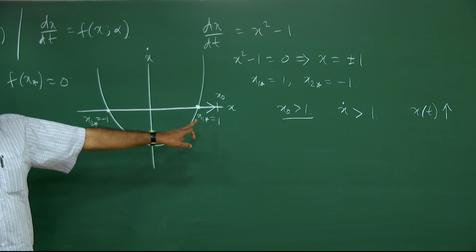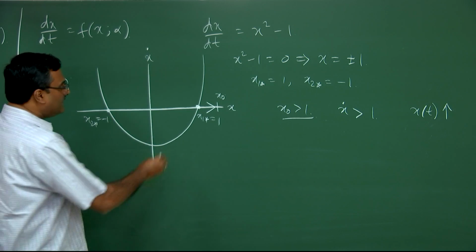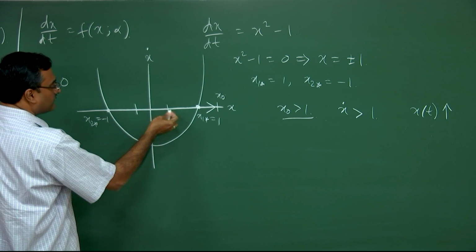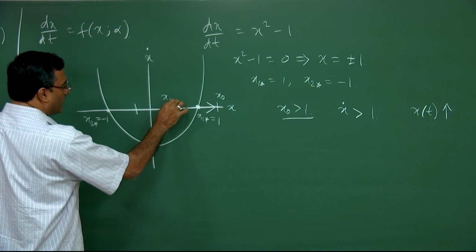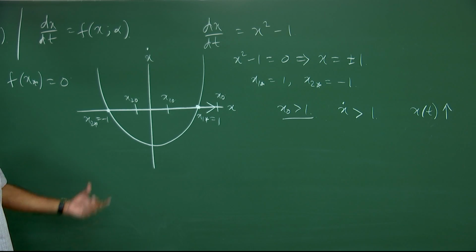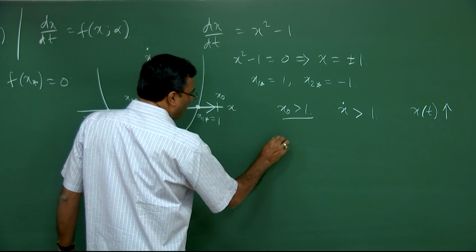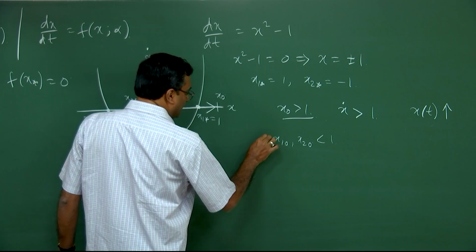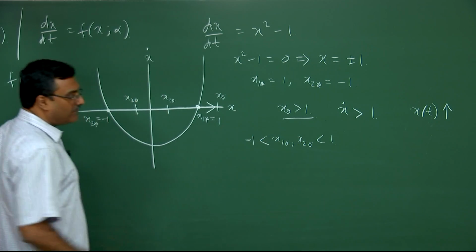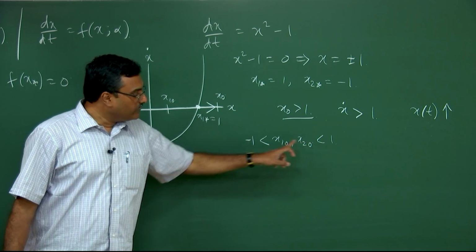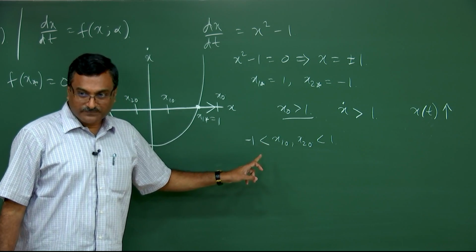Similarly, you can choose an initial point, maybe here. Consider this is x10 and this is x20. Just remember, in this case both x10 and x20 satisfy this restriction because they belong to minus 1 to plus 1.